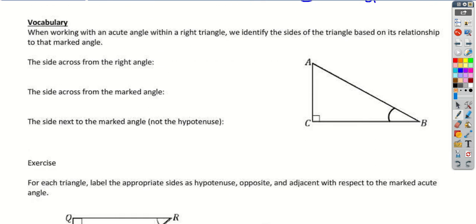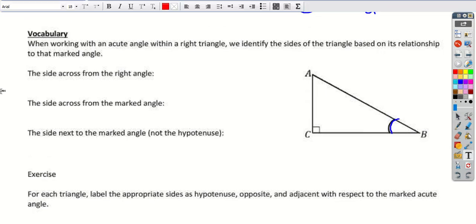So vocabulary, okay? Remember, when we're working with an angle in trigonometry, we're always going to be talking about the acute angles here, never the right angle. We'll talk about that a little bit later. So the side across from the right angle is always referred to as the hypotenuse.